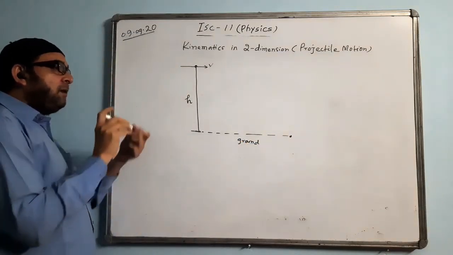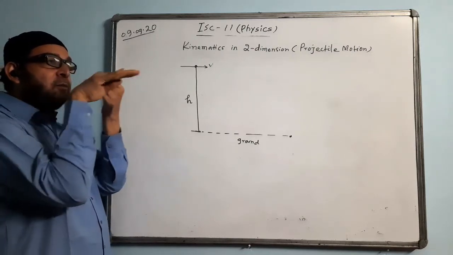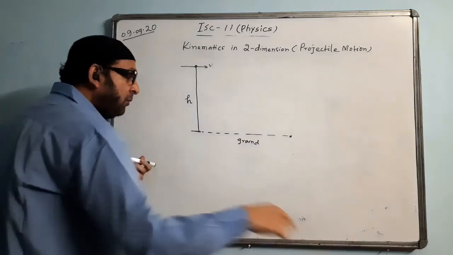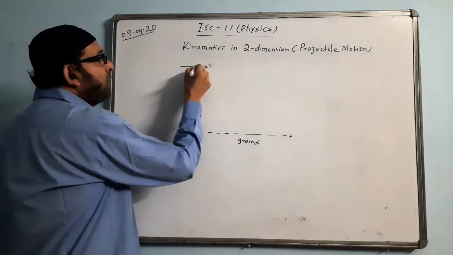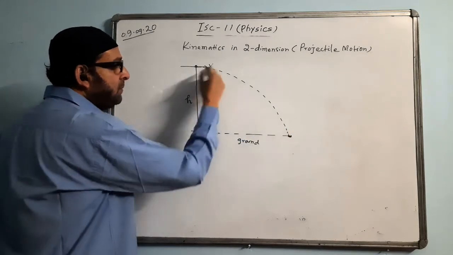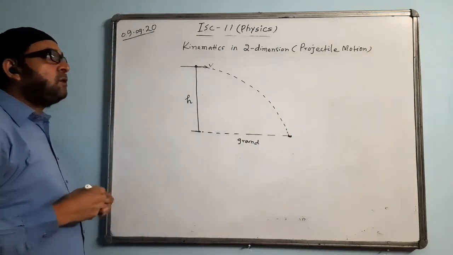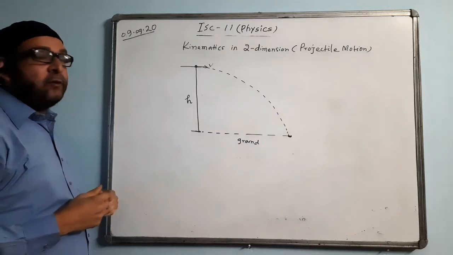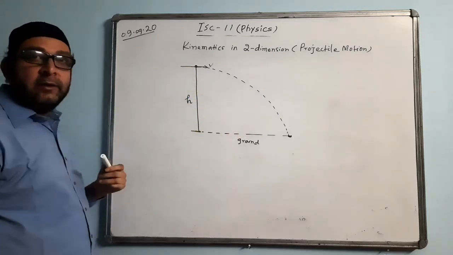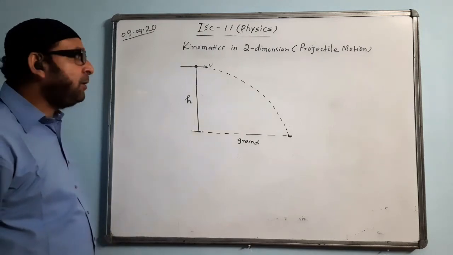When you throw something this way, do you think it will continue moving like this only? No, because of gravity, it will fall on the ground in this manner. This path is also a projectile, a curved path it follows. If you consider the full path a parabola, this is a semi-parabola, half parabola.